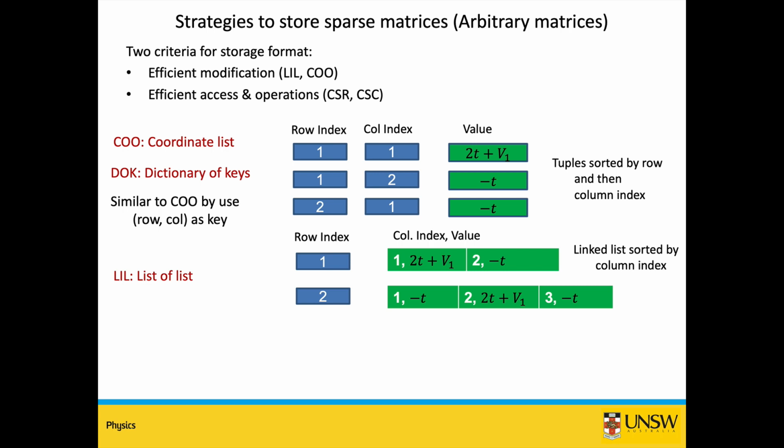Then you can have other types of data structures, like linked list or list of lists, where the first index, the row index, determines the first index, and then the column index is grouped with the value and sorted from lowest to highest in that manner. So these are just different formats, and one may be more useful than the other based on your particular application, what operations you are doing, and all these things.